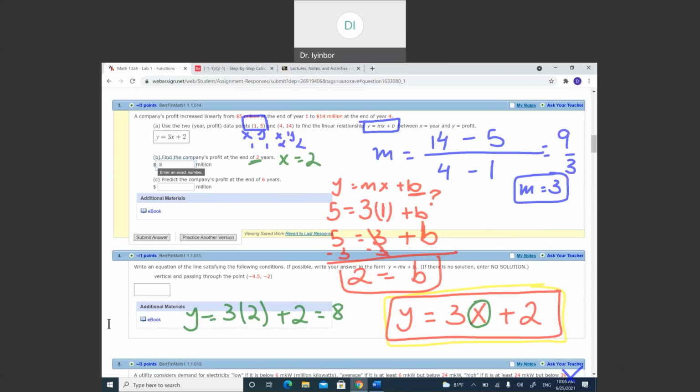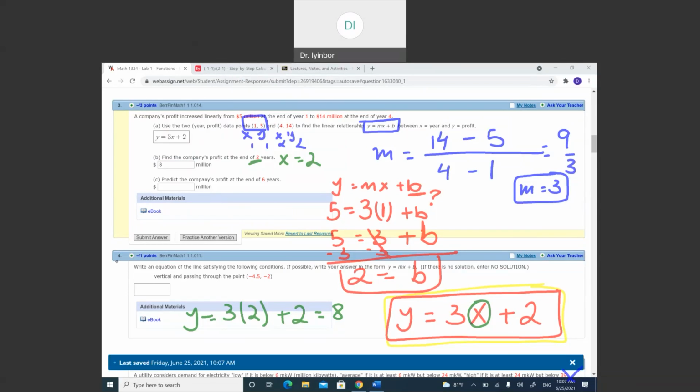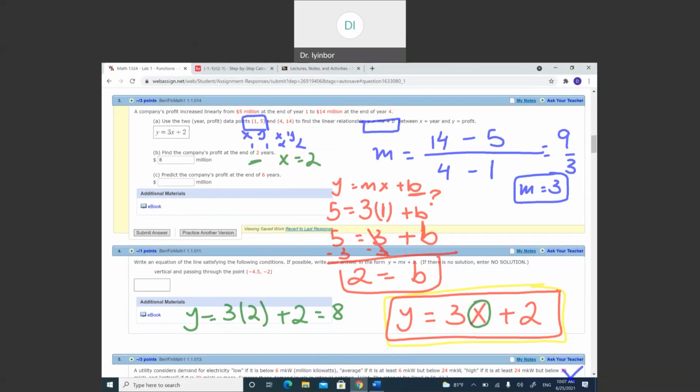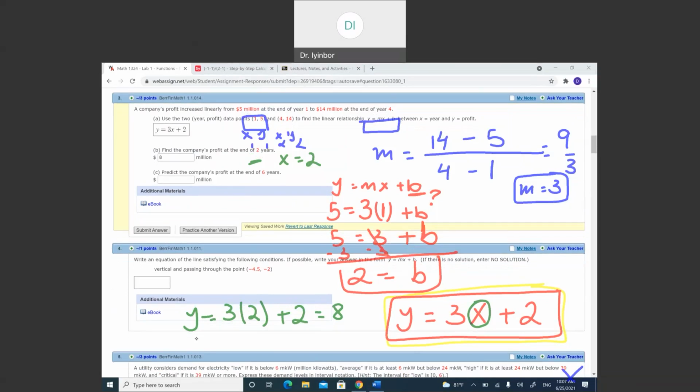And then the next one is the same way. For this one, I need to plug in x is 6. So that's what you have here. x is 6. And then I'm going to get y equals... See, it's not working.